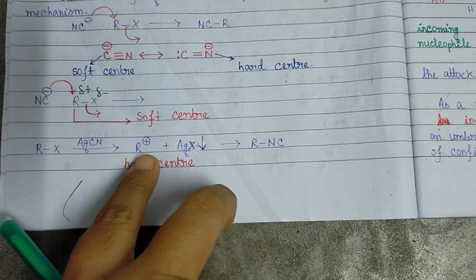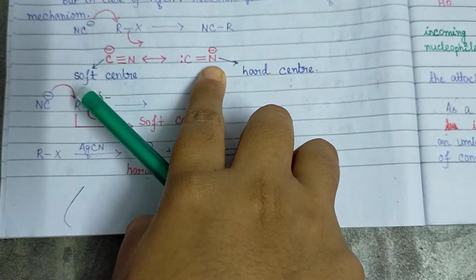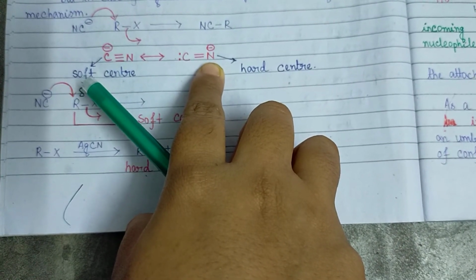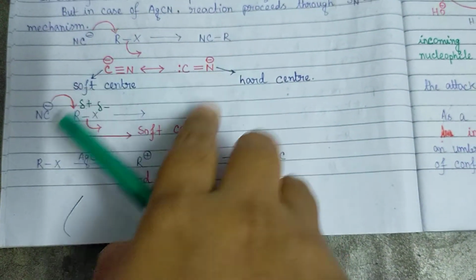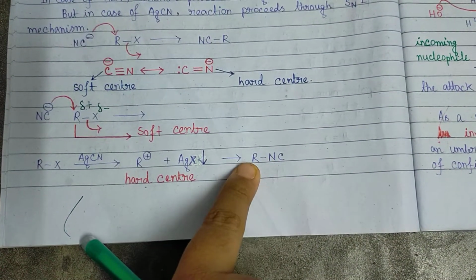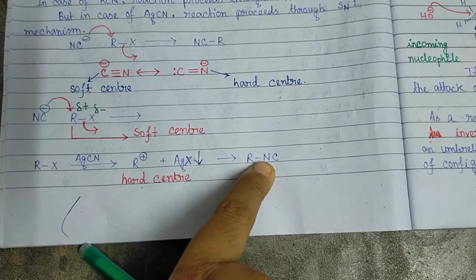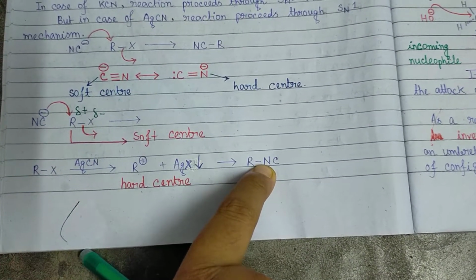So obviously the hard center R plus will be attacked by the nitrogen, which is also the hard center, and the product will be alkyl isocyanide, where the bond formation is between the R group, the alkyl group, and the hard center nitrogen.